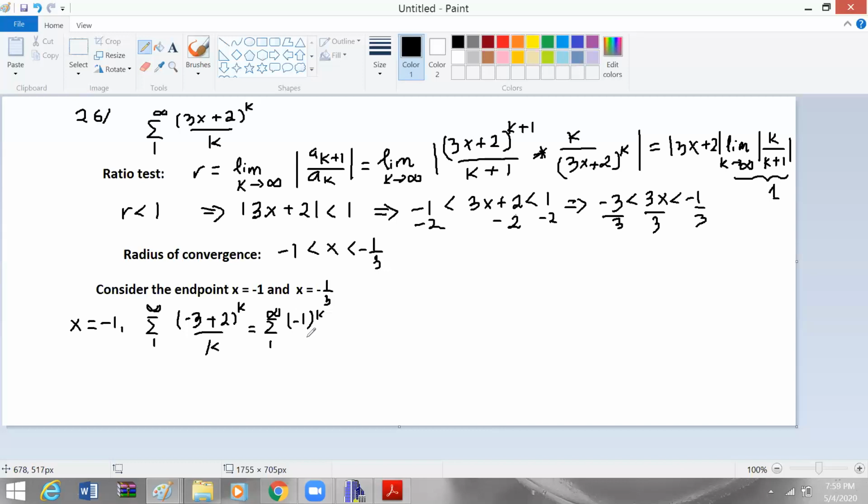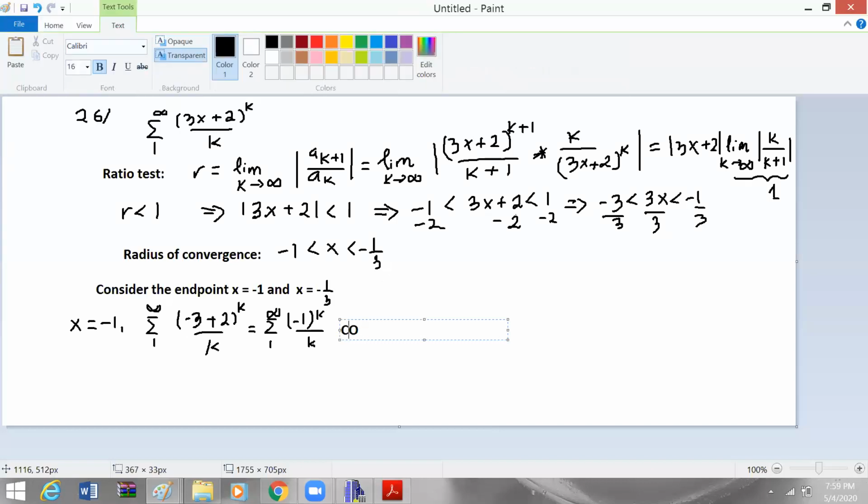This is the alternating harmonic series. So we know the fact that this converges, right? So why is this convergent? Because 1 over k diverges, but -1 to the k over k is the alternating harmonic series. So this is convergent.